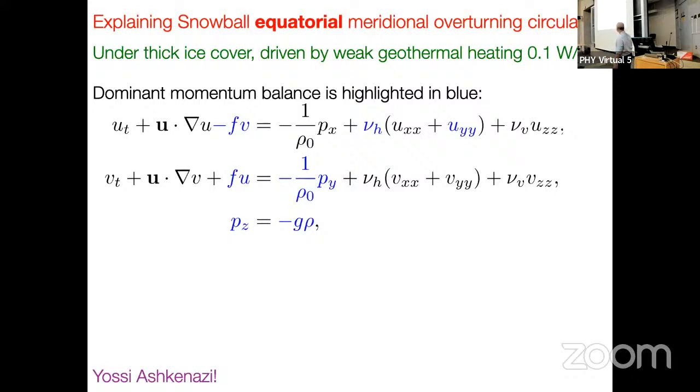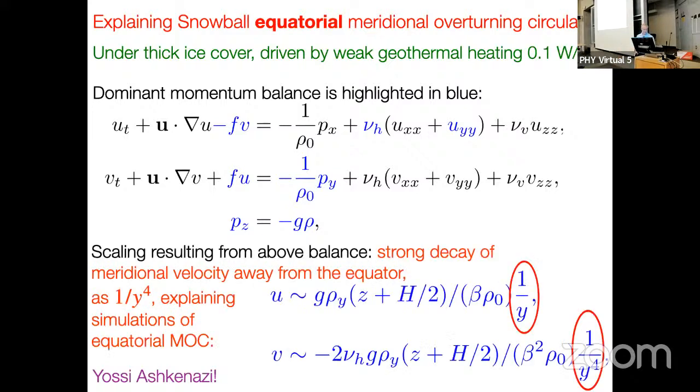It turns out you can actually derive a simple scaling for that, where U is proportional to 1 over y, and V goes like 1 over y to the fourth. So V is the overturning circulation, and it decays rapidly according to a scaling you derive directly from the equations. That explains why we saw what we saw, and that reassures us that it's not a bug. The details are a little bit complicated, but to go from here to this is very straightforward.